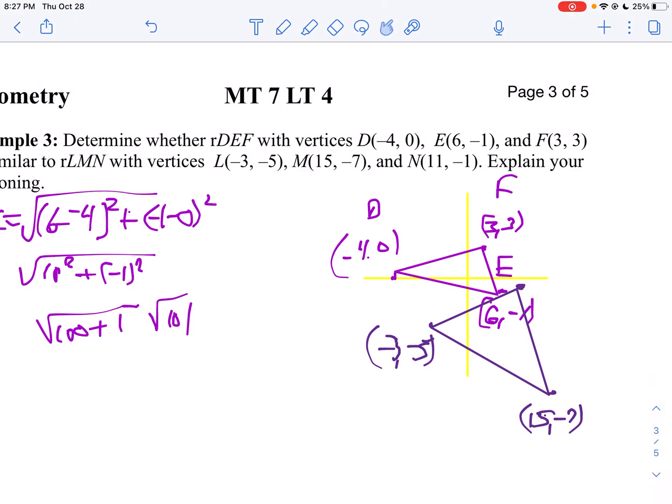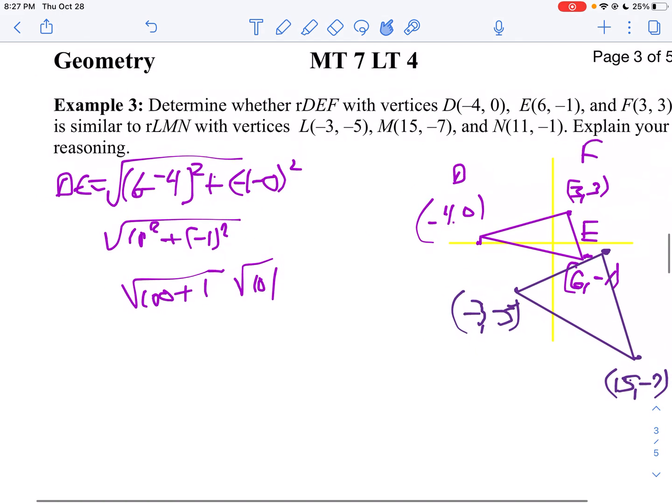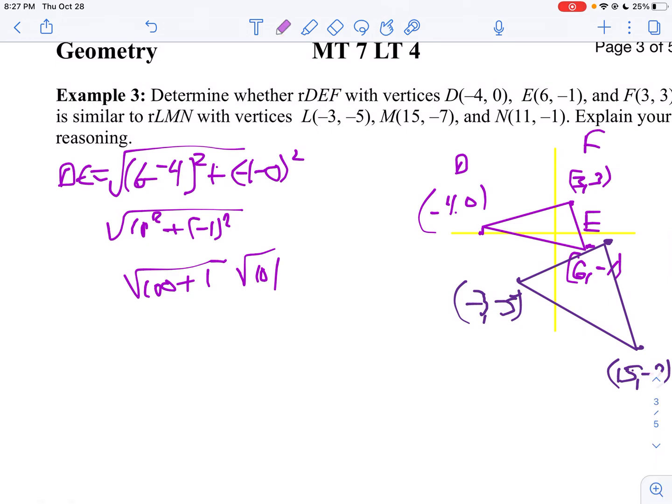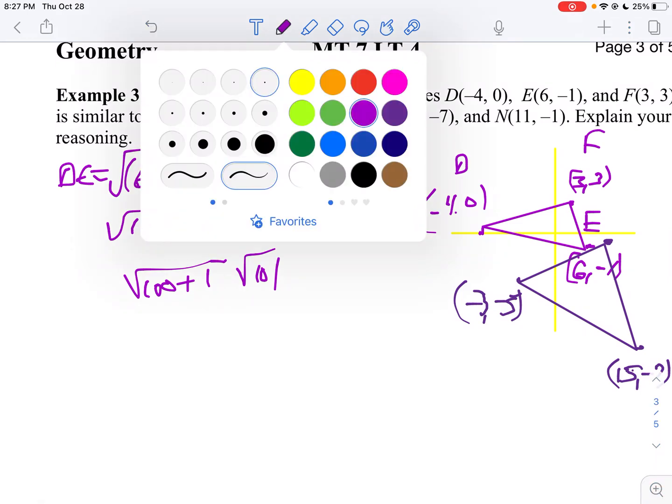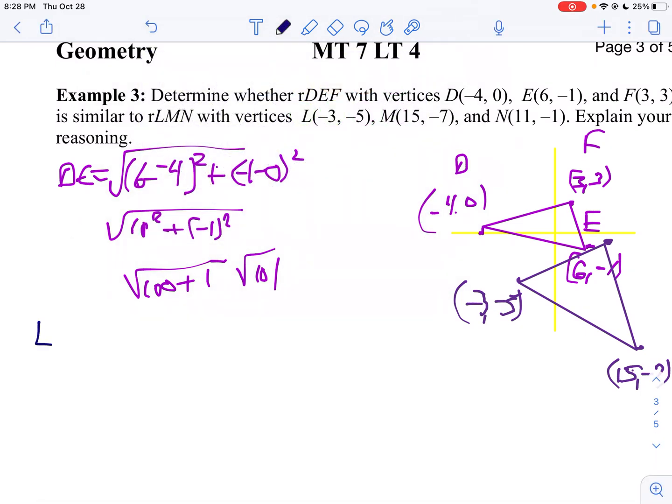Now let's compare that to LM. I'm going to do the same thing for L to M. I'm going to use my distance formula. So L to M would be 15 minus a negative 3 squared, plus negative 7 minus negative 5 squared.